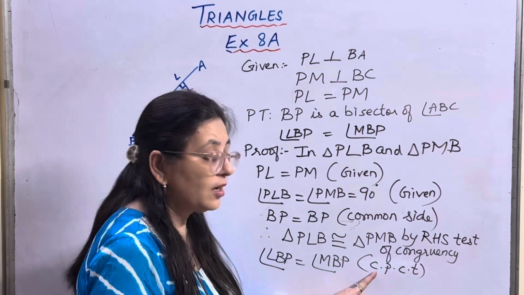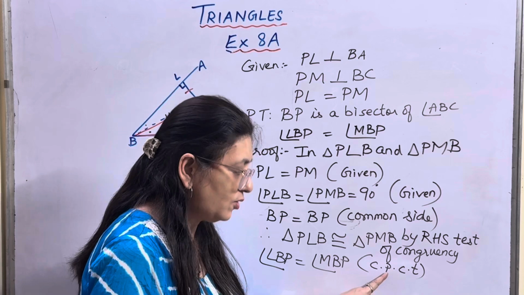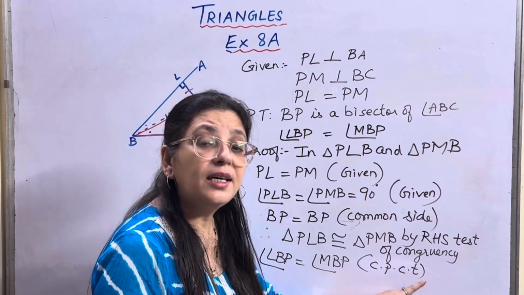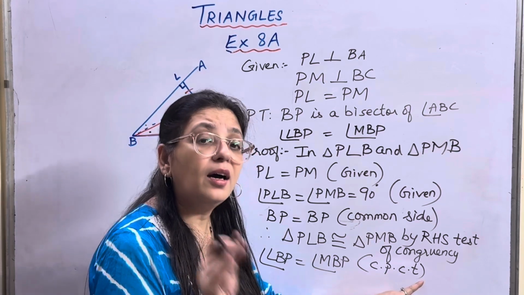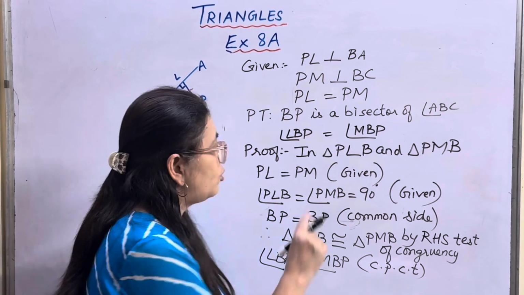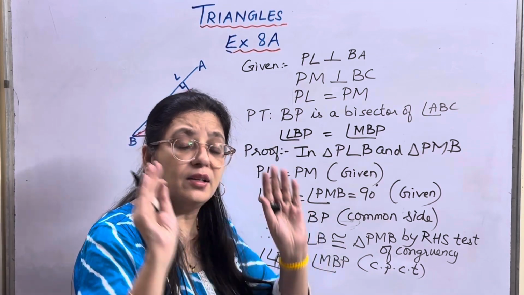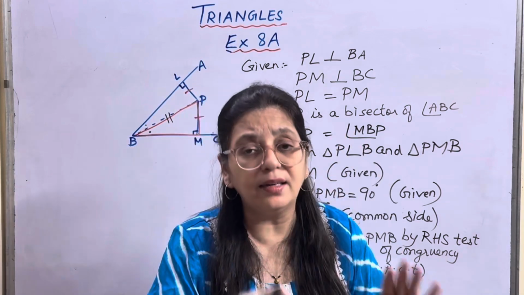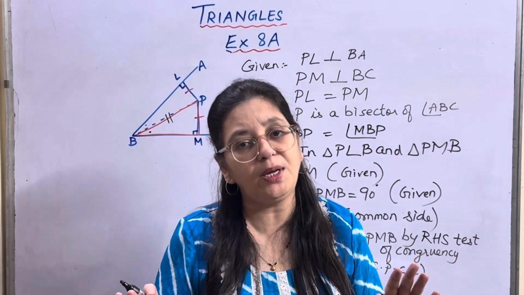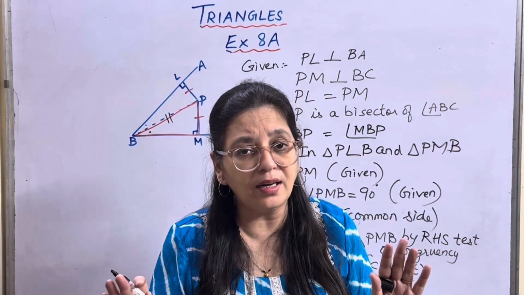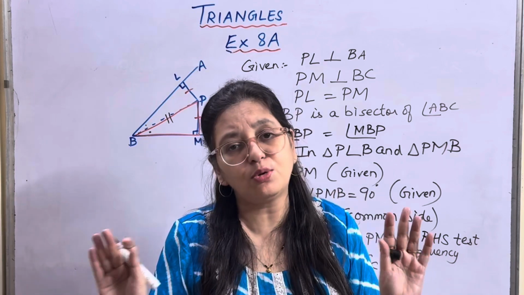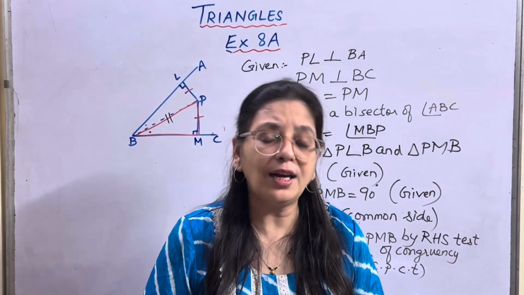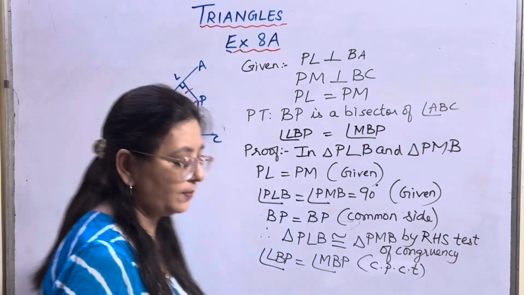It means corresponding parts of congruent triangles. They are equal. If the two triangles are congruent, their corresponding parts, their angles, their sides, would be equal. I hope it's clear. I am going slow. Please make sure that you understand it. Okay, come on, let's go to the next question.